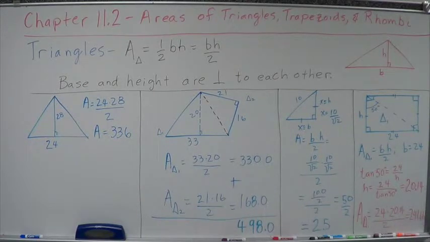When you do that, you get 241.66. Nothing new here. You're just supposed to know how to use it. Recognize when you need to use those trigonometric ratios and then use them. All right. Now let's jump into trapezoids.